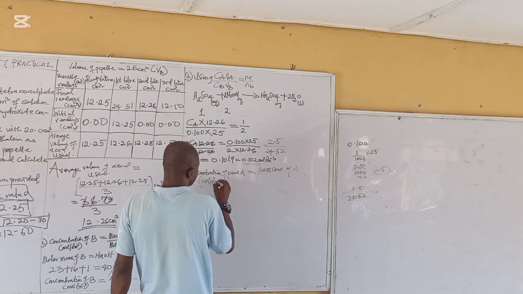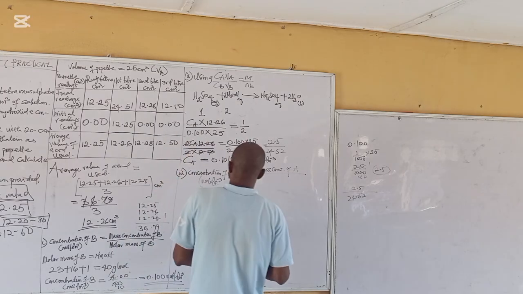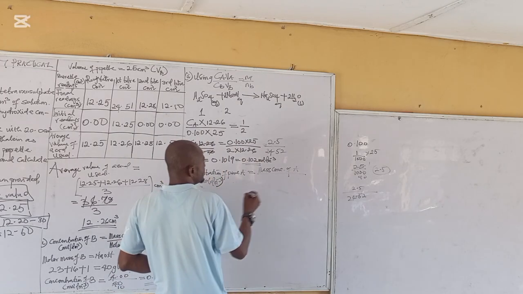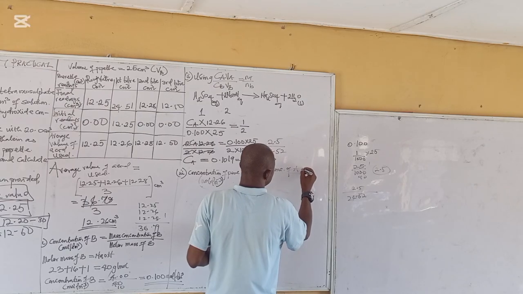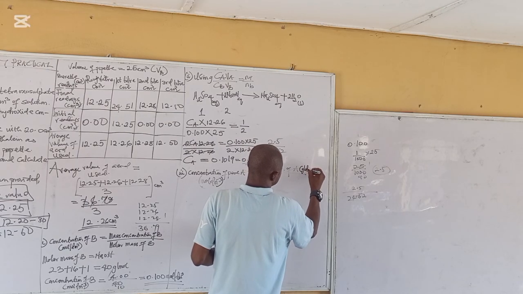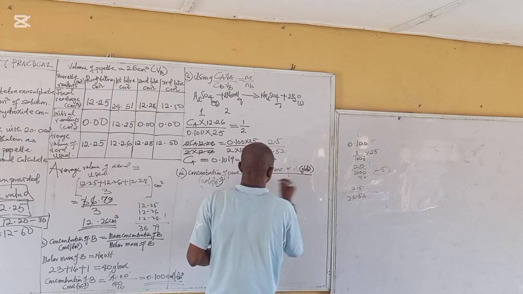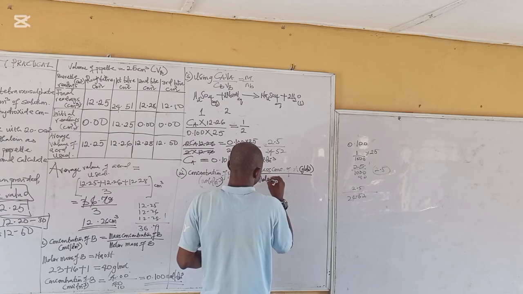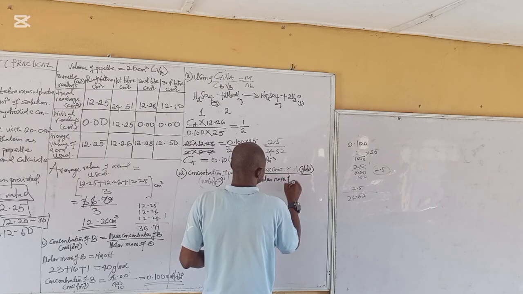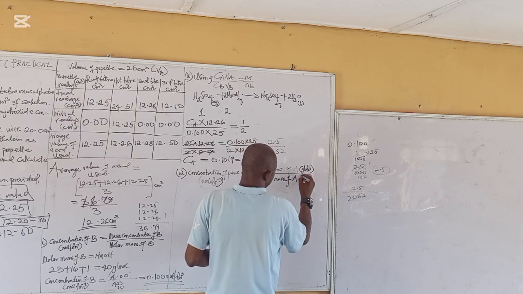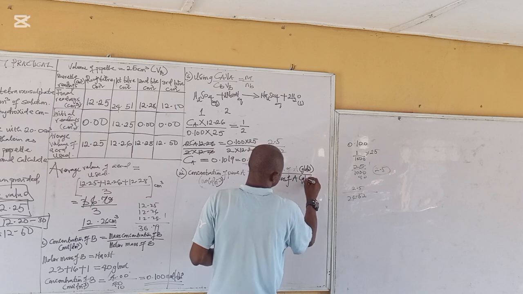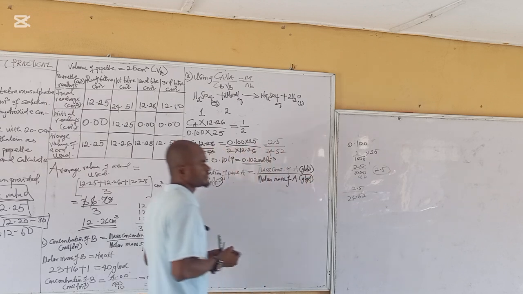Here, the mass concentration of A is in gram per dm cube, all over the molar mass of A in gram per mole. Gram per what? Gram per mole.